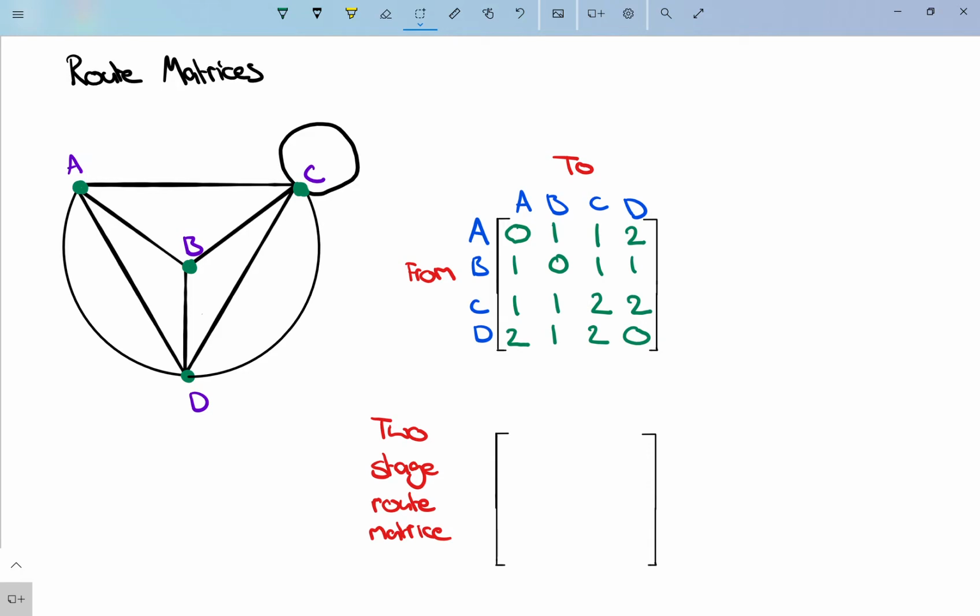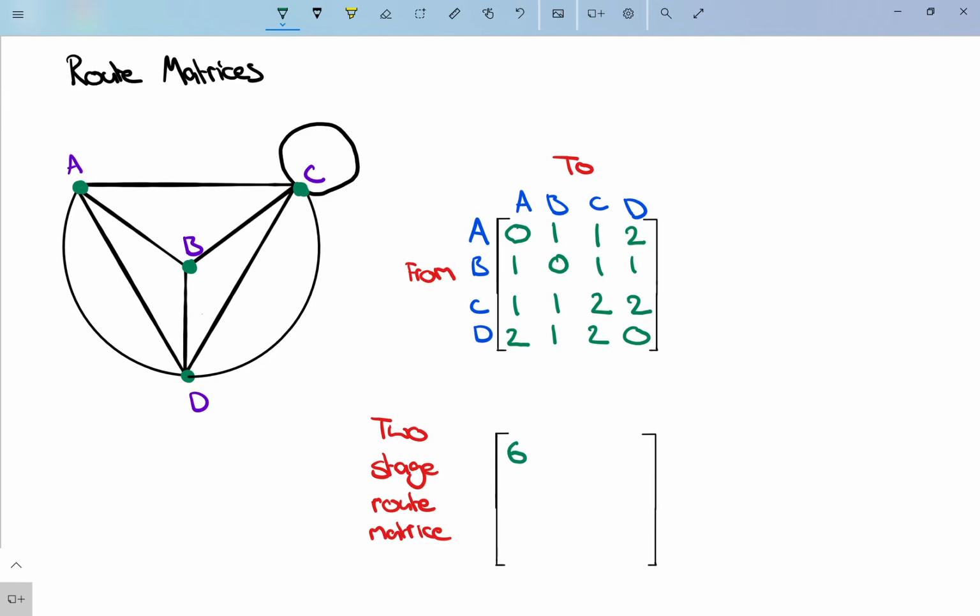So that's 1. You could go to B and back, that's 2. Go to D and back, that's 3. Go to D and back that way, that's 4. Or go D and then back up that way, that's 5. And then D and back up that way, that's 6. Okay, so there are 6 possible ways from going from A to A.